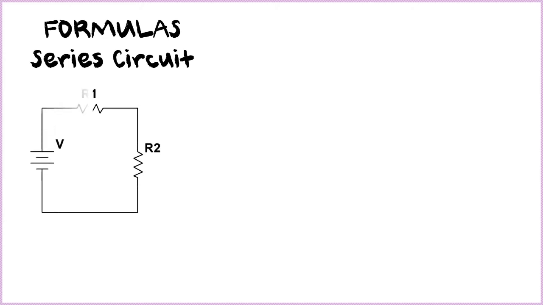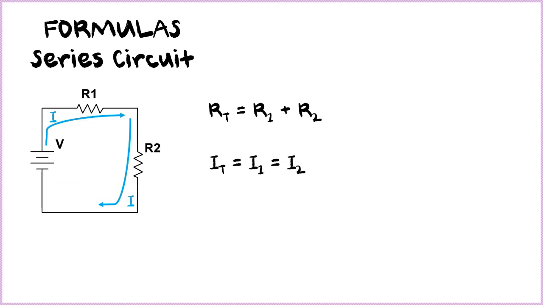So these are the formulas for a series circuit, based also on our water analogy. We have resistors R1 and R2. So the total resistance is equal to R1 plus R2. And as you notice, the current flowing through R1 will still be the current flowing through R sub 2. So our total current of the circuit, IT, is equal to the current flowing through R1, which is equal to the current flowing through R sub 2.